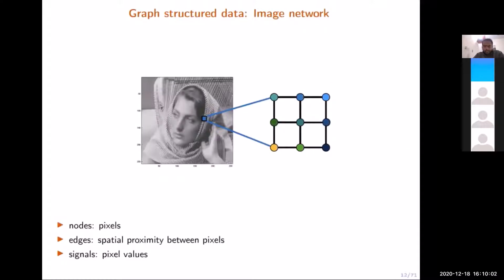The very popular image data is also a form of graph data, where nodes are pixels, edges are the spatial proximity between pixels, and signals are the pixel values. Graph data is not new, but now because of complex datasets and irregular domain datasets, graph-based algorithms are getting huge popularity. And this is where this talk is positioned.